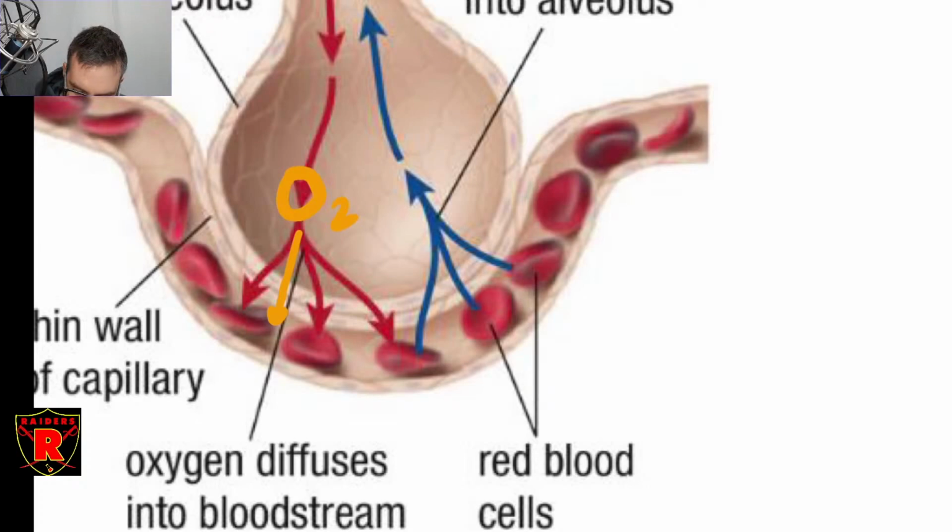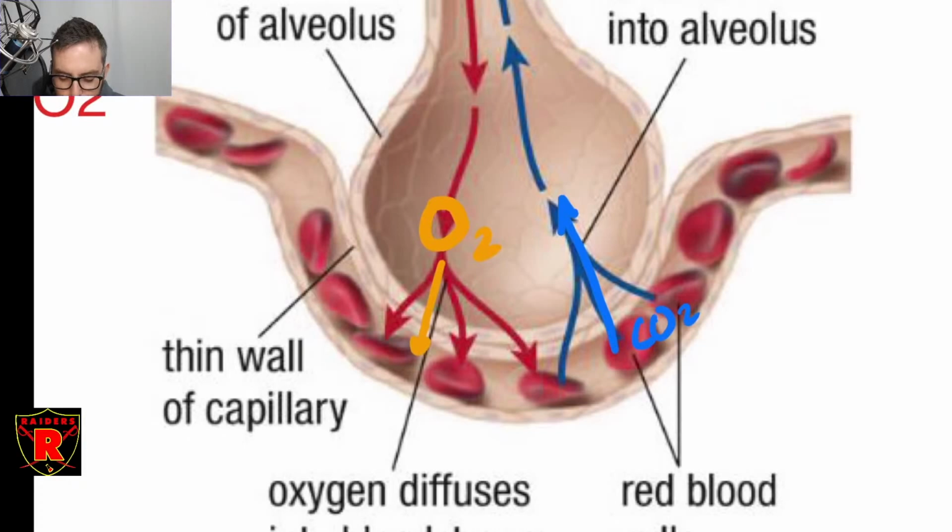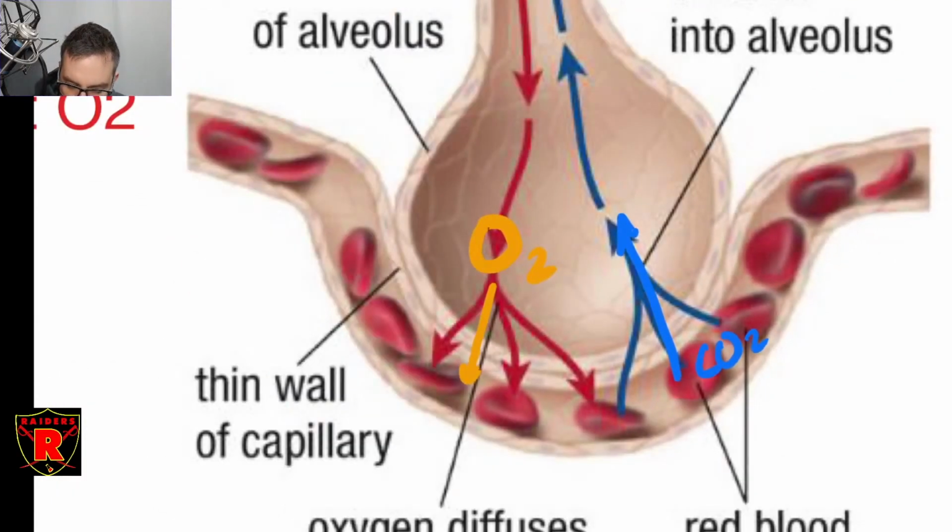We want to pump the CO2 out of the blood and into the alveoli so that we can remove it, right? But we're not pumping it, because pumping it would take way too much energy. So the way that we do this is we make sure that there is a high concentration.